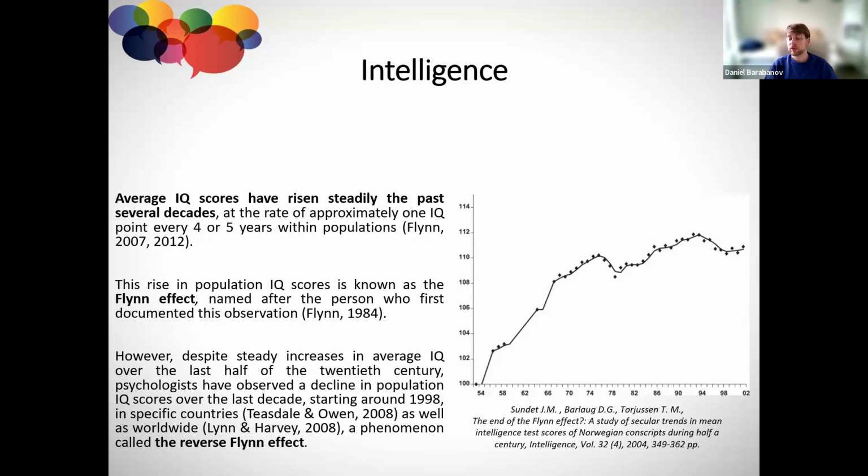Anyway, intelligence plays an important role when we speak about personality development and life choices, including educational and career trajectories of people. But a high intelligence level does not necessarily lead to life success and high life satisfaction.